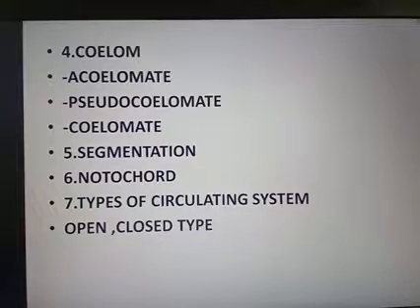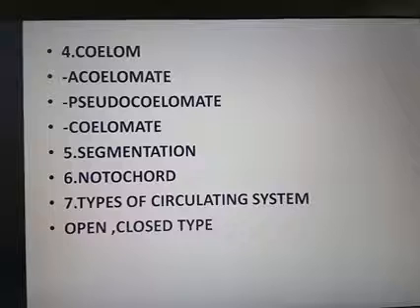Examples are annelids, mollusca, arthropoda, echinodermata, hemichordata and chordates. That indicates that coelomate is the highest; the higher organisms have the coelomate character.